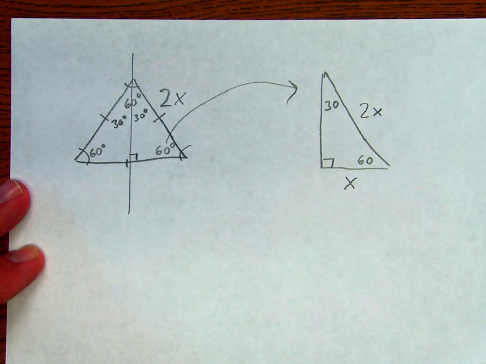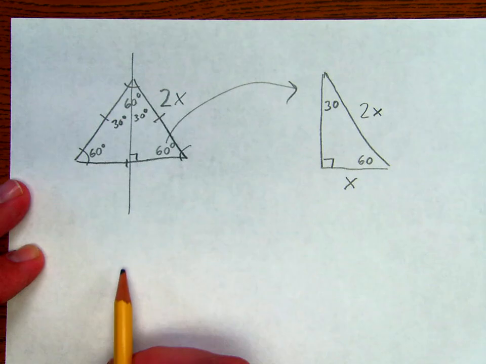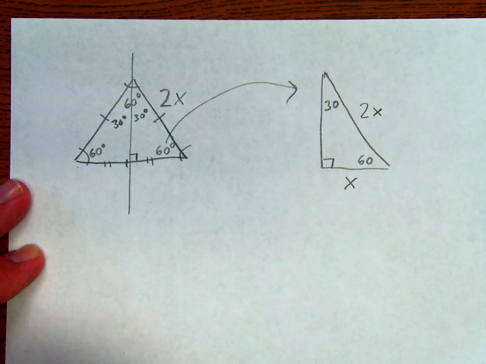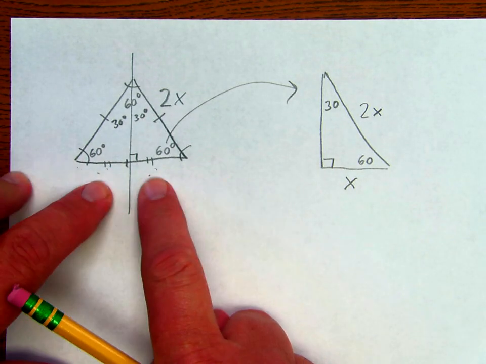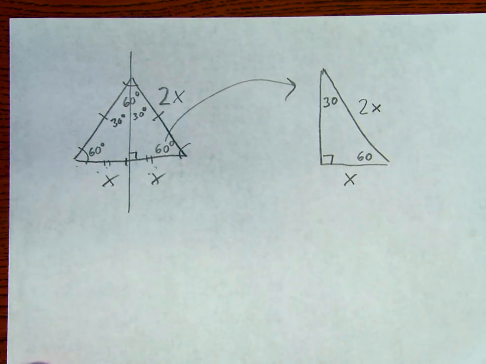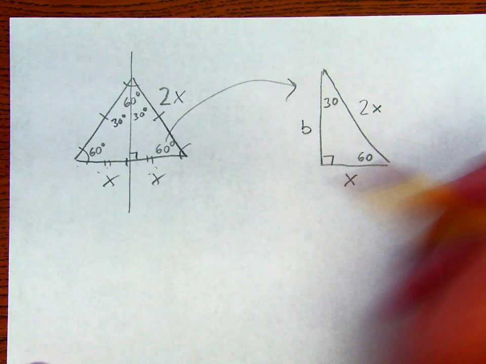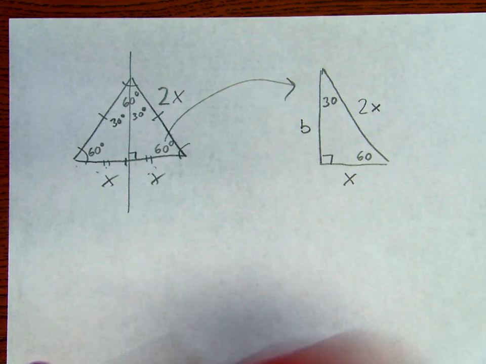And that goes back to the symmetry thing we had before. When we draw in that line of symmetry in the middle, it cuts that in half, making these two things congruent. So if the whole thing was 2x, then each one of those would be x and x. So what we need is an expression for that other side right there. So I'm going to just call it b for now.